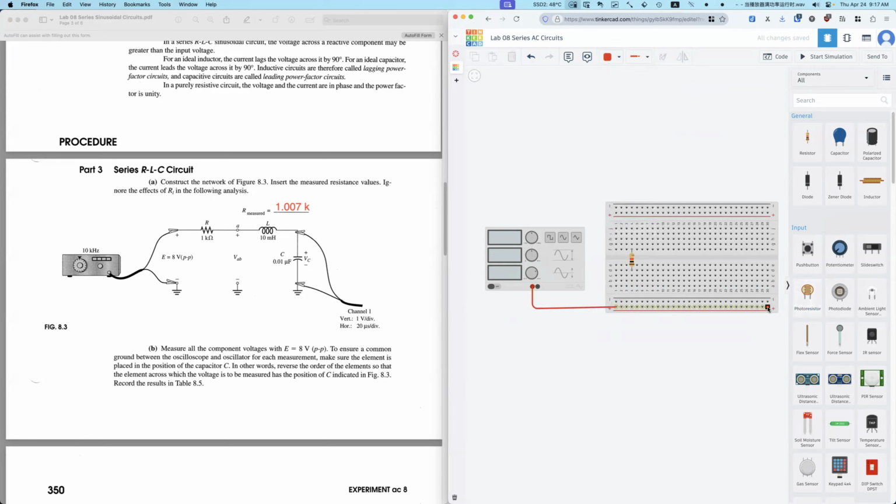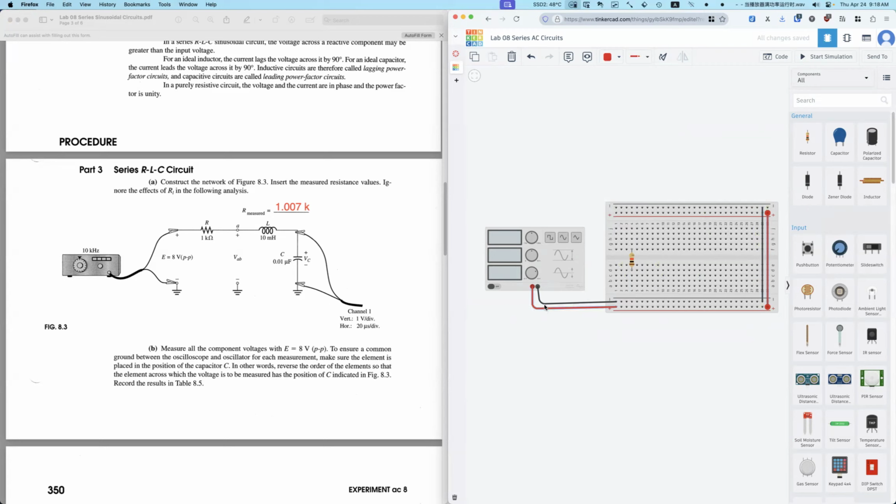Then positive to positive. The last is negative. Oops, change this one to negative. So negative to negative. Okay, change this back to red. So this is the power.